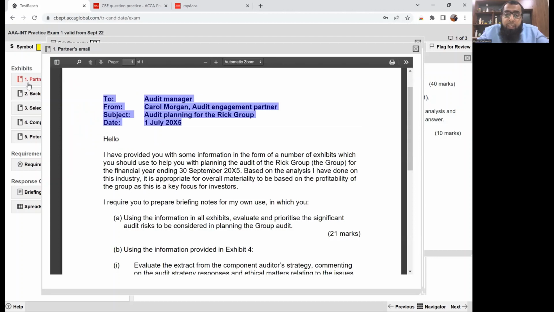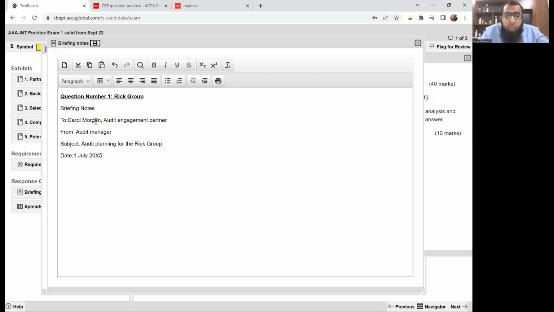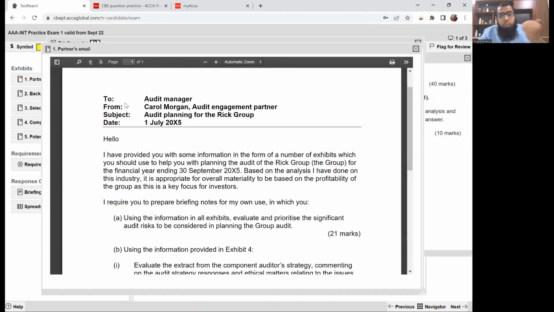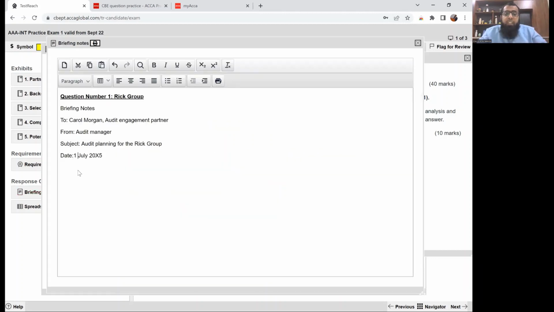We got the email from Carol Morgan. Now we are responding to Carol Morgan. So we changed this from to to and moved it up. Earlier it was to the audit manager. Now the audit manager is responding. So we just changed the to and from.